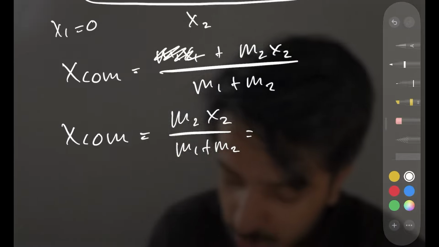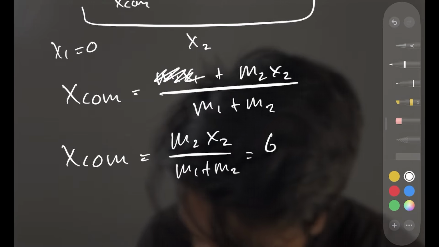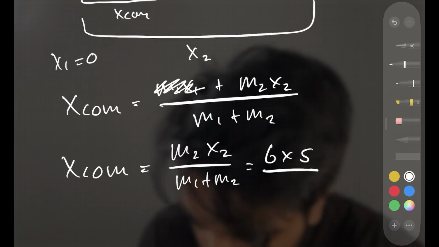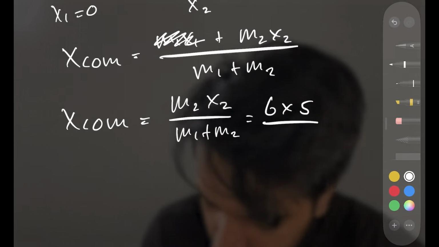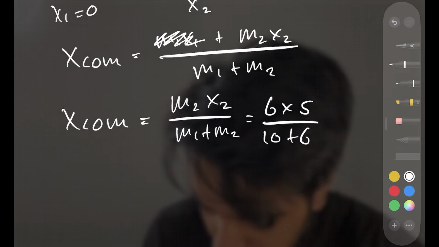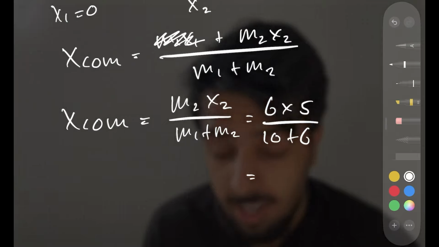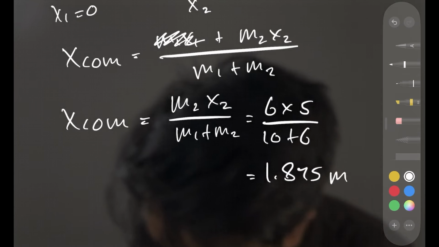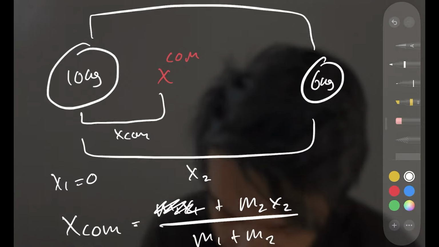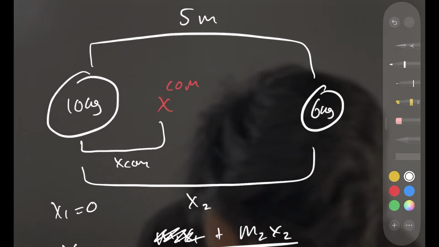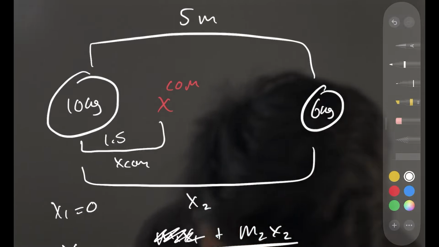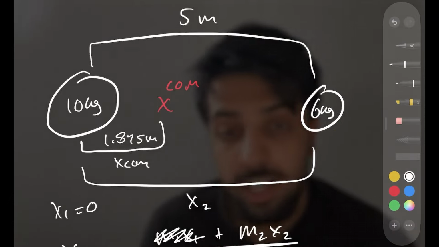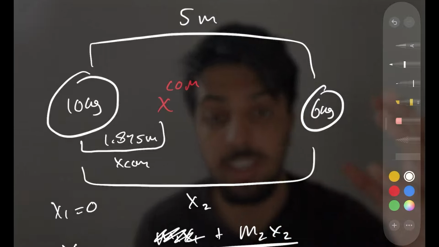We know our m2 is 6 kg, multiplied by our x2, which is 5 meters, all over m1 plus m2, which is 10 plus 6. And that gives us a center of mass of 1.875 meters. What that means is that this distance right here is 1.875 meters, so the center of mass is 1.875 meters from the 10 kg mass.